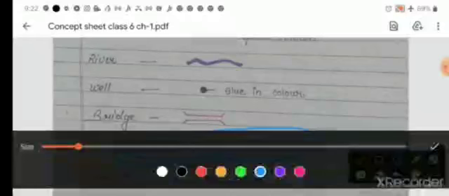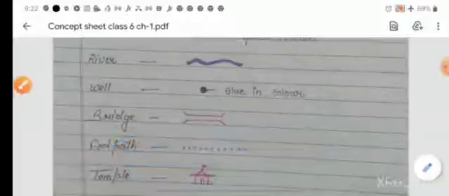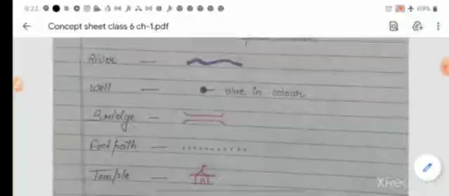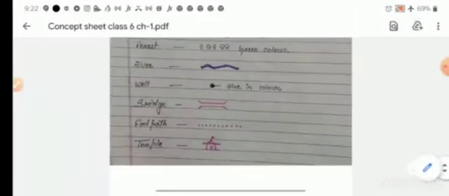And the footpath, the dotted line you can say, it will be your dotted line. And the temple is represented like this. I am going to draw it now. It will be the bridge, footpath and temple. It will be in a red color.